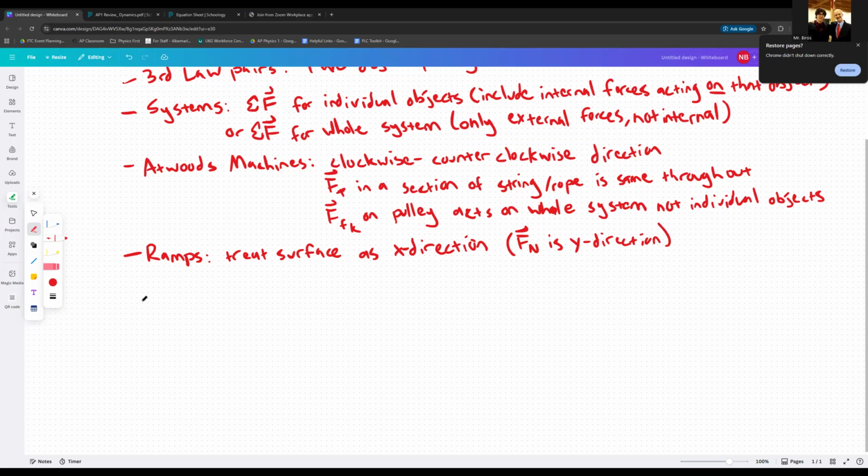What that means is we have to split gravity, weirdly, into components, right? Of all the forces to split up, we're so used to gravity just being downwards in the y direction that when we change our x and y directions by having the surface of the ramp be the x direction, we have to split the force of gravity into components.